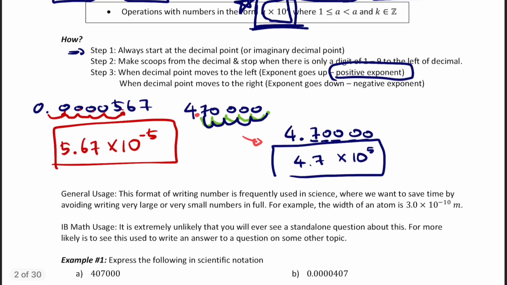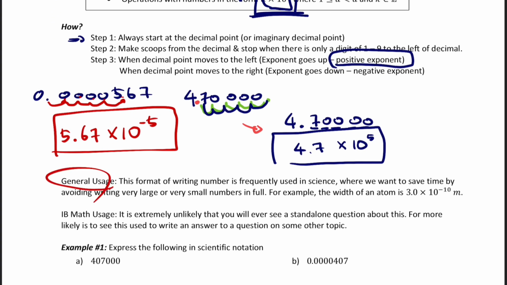Okay, so general usage. This format of writing numbers is frequently used in science, where we want to save time by avoiding writing very large or very small numbers in full. For example, the width of an atom is usually written as 3.0 times 10 to negative 10.